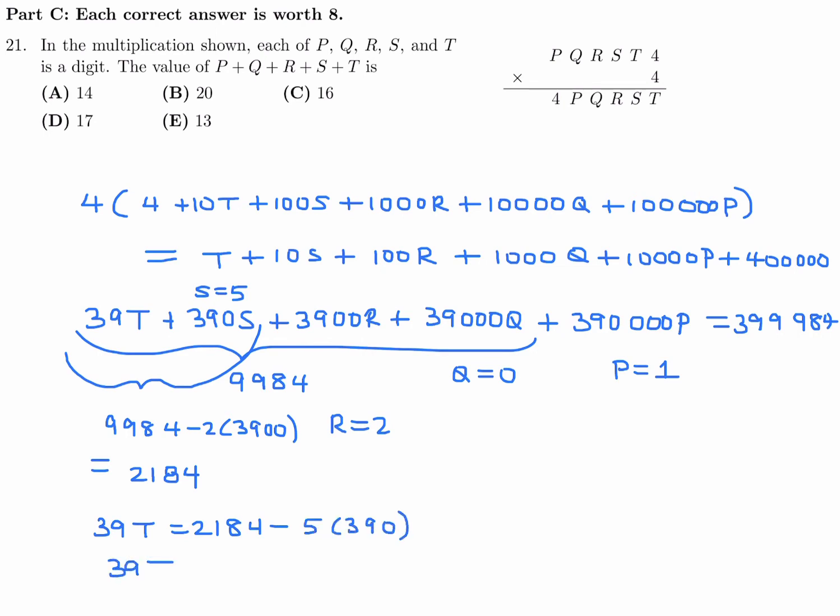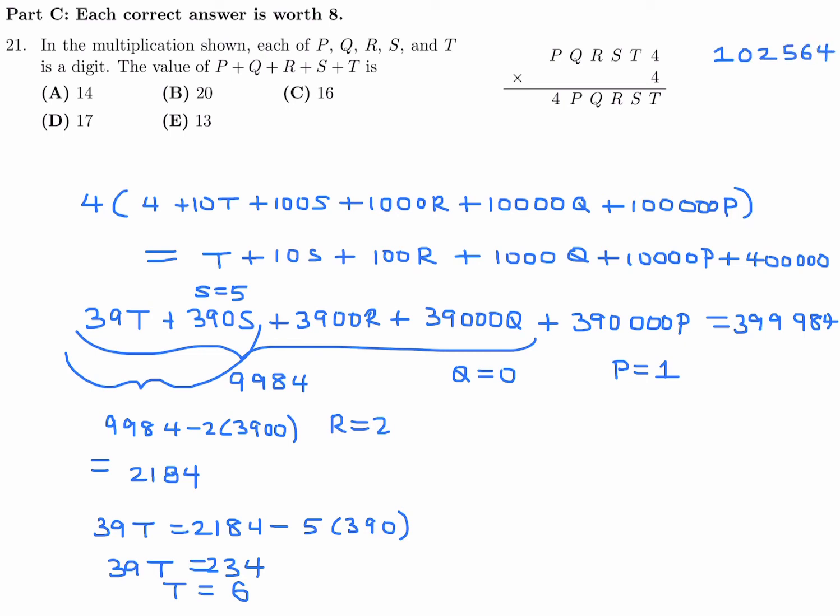So 39T is, what is that, 234? So that means T is 234 divided by 39, which is 6. That works out great. So that means PQRST is 1, 0, 2, 5, and 6.